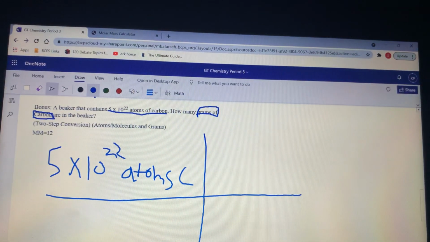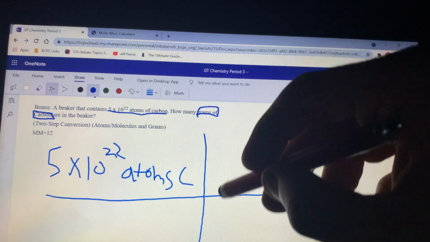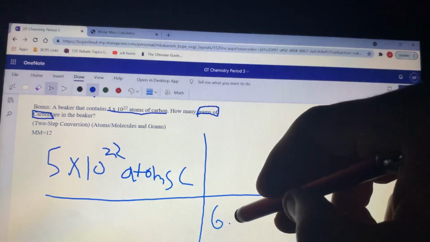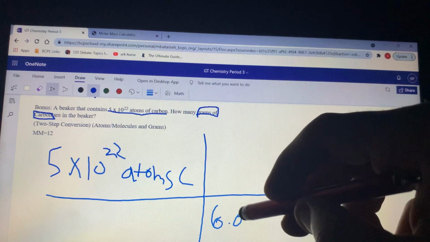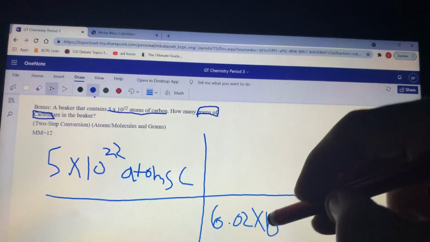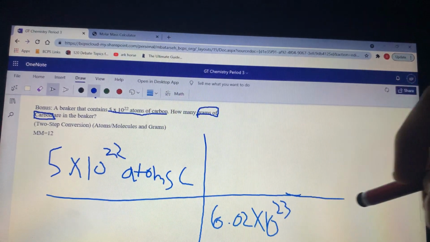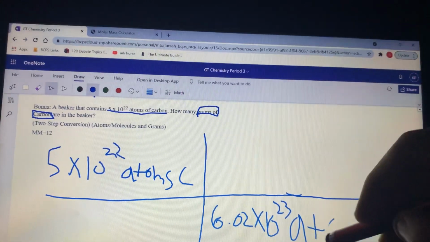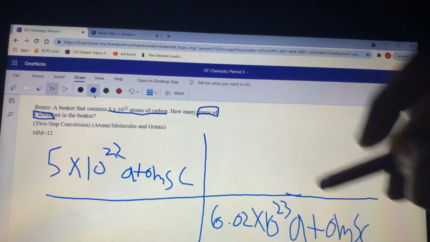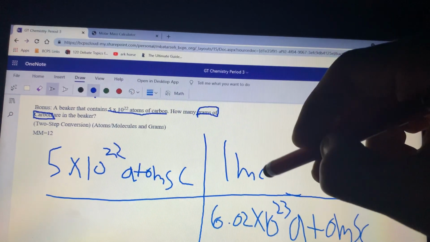We want to convert this to moles, so we do 1 mole of carbon over 6.02 times 10 to the 23rd atoms of carbon.